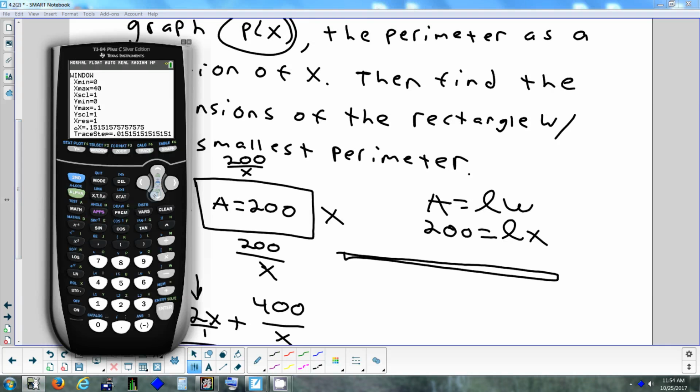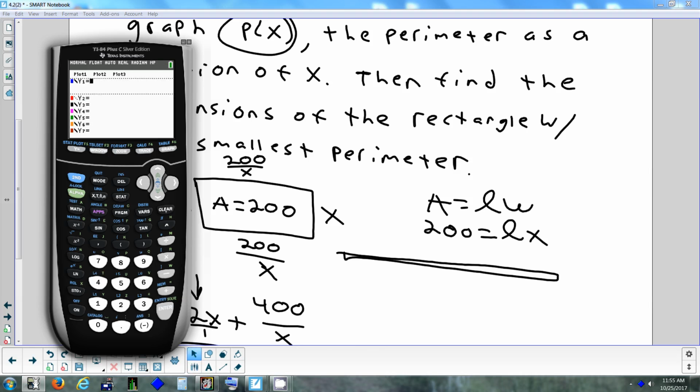For y max, that is my length. Again, we don't really have a limit because depending on what you make x, if you make x really small, like make x 0.01, 200 divided by 0.01, it's like 20,000. So the length could also be pretty high. Let's just try 40 to start.